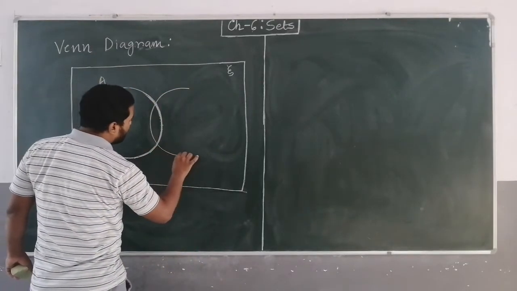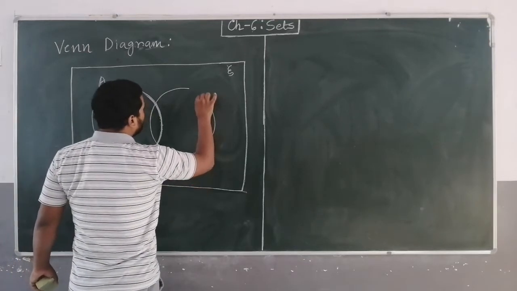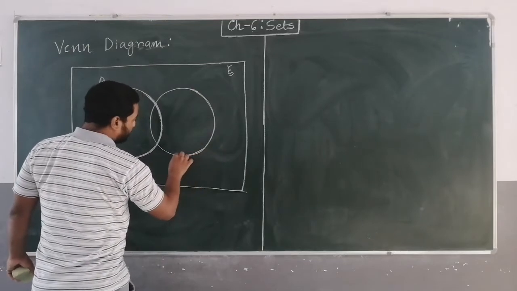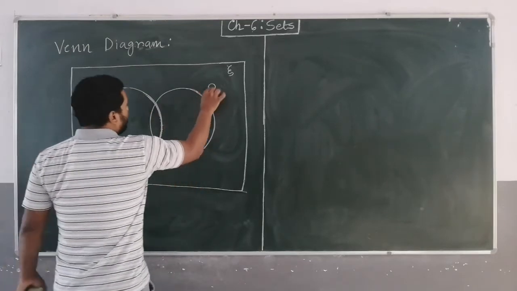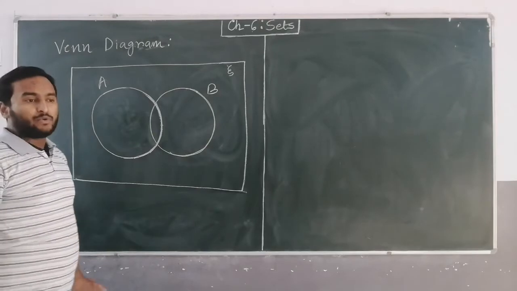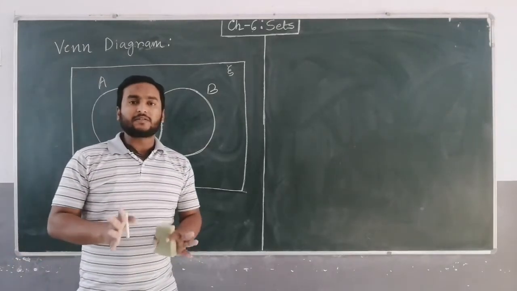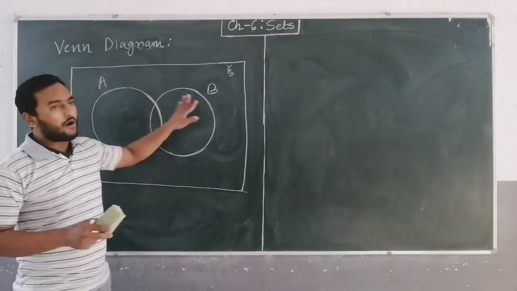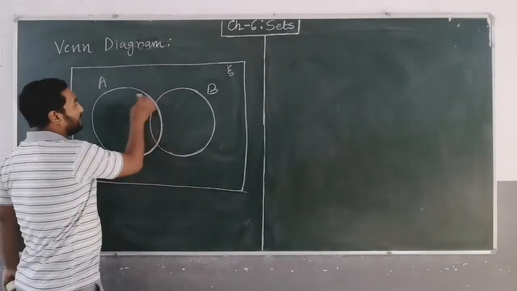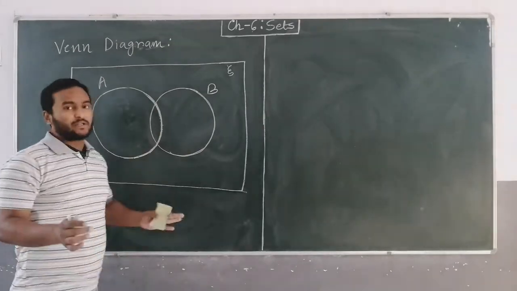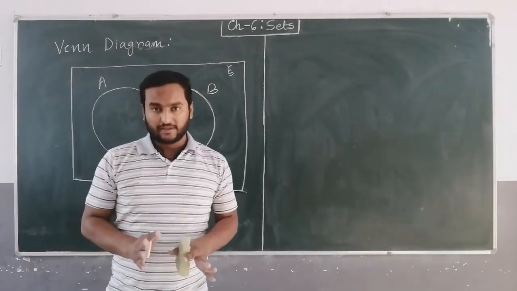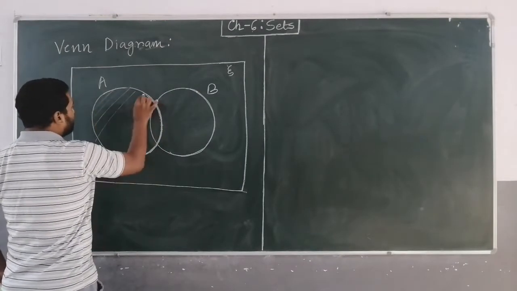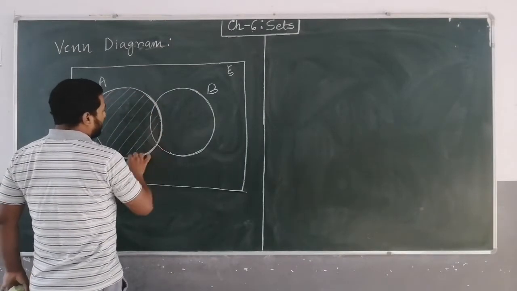Suppose these two overlapping sets are there, this is set A and this is set B. Union means the set where the element belongs to either A or B, meaning all the elements will be included without repeating. So you have to shade all this portion that is bounded by these two sets.